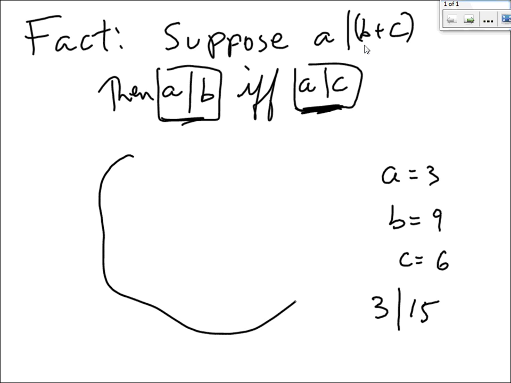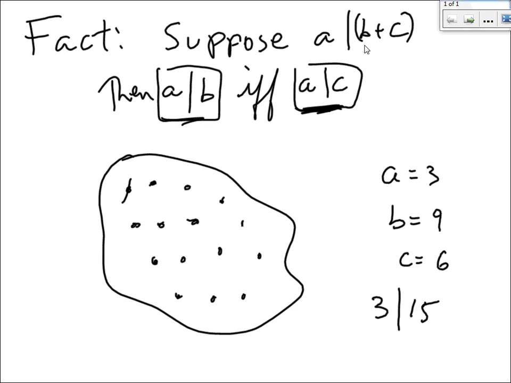Well, what that means is, if you have, say, 15 marbles, 1, 2, 3, 4, 5, 6, 7, 8, 9, 10, 11, 12, 13, 14, 15, for 3 to go evenly into 15, that is, for 3 to divide 15, if you keep taking away 3 marbles at a time, 1, 2, 3, you have at least 3 more left, take away 3.